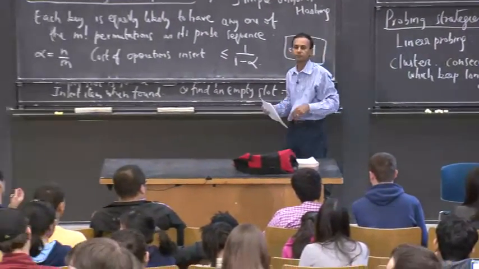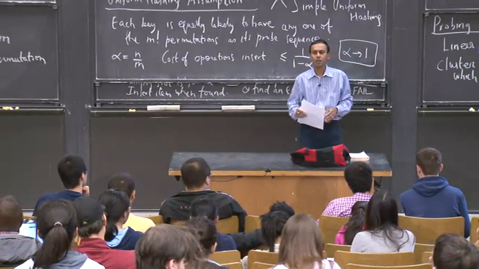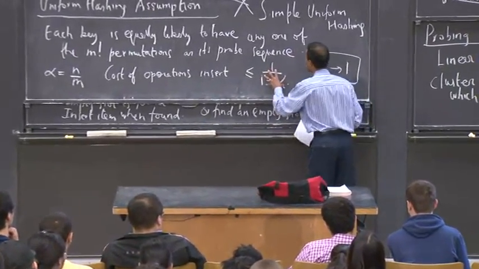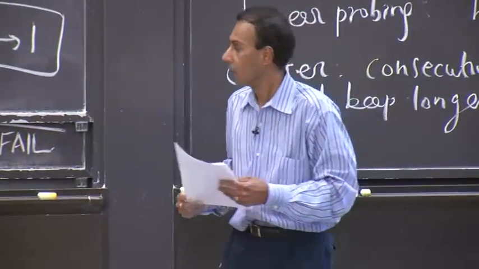So yeah, back there. Question. Yeah. Can you explain how you got the equation that the cost of operation insert is less than or equal to 1 over 1 minus alpha? Okay. So that's a longish proof, but let me explain how that comes out.